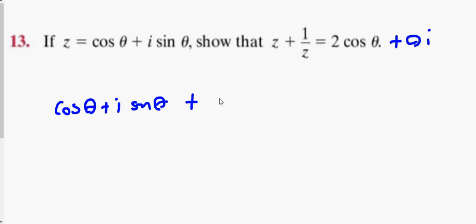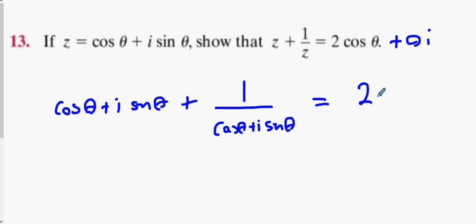So it's going to be 1 over cos theta plus i sine theta equals 2 cos theta. Now, I suppose one possible way would be just a common denominator. If we common denominator this, what does that mean?